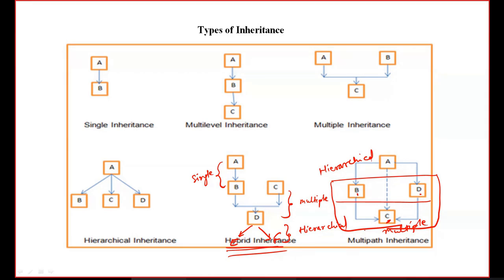Understood? So we can consider this as hybrid inheritance itself, a very specific example of hybrid inheritance wherein a single derived class is reached by more than one way. That is called multipath inheritance.